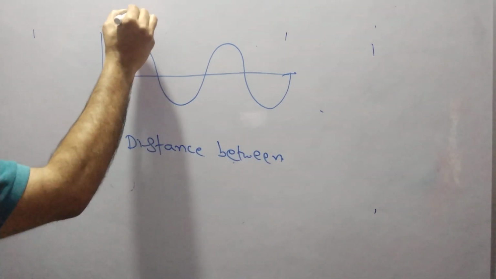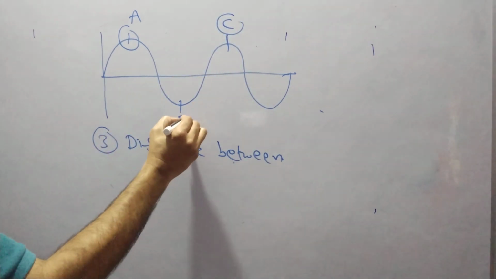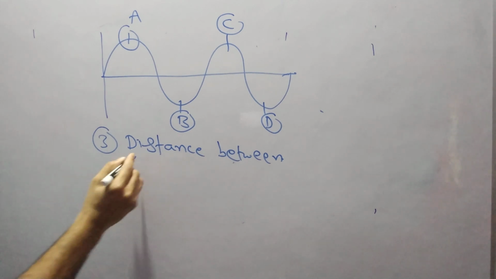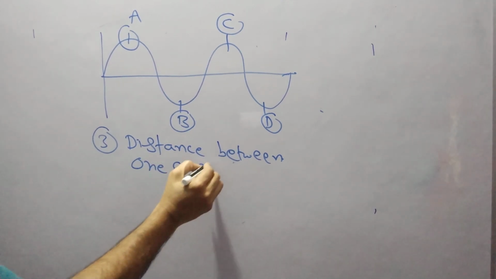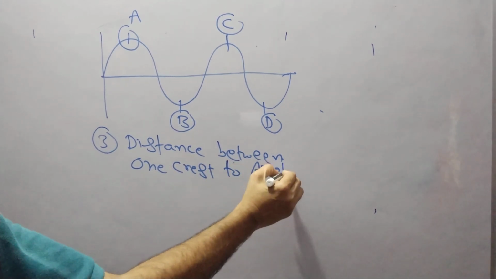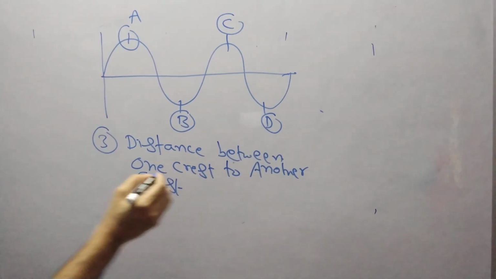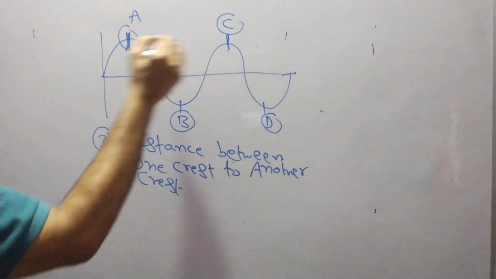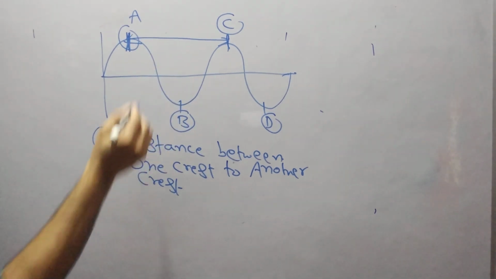This is the crest A, and this is C, this is B, and this is D. The distance between this crest and the next crest is this distance, and this distance is the wavelength.